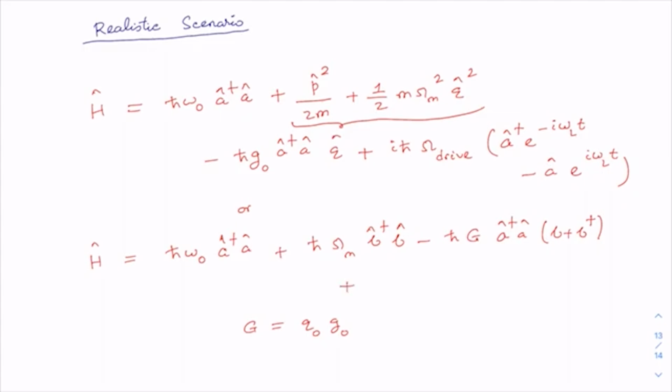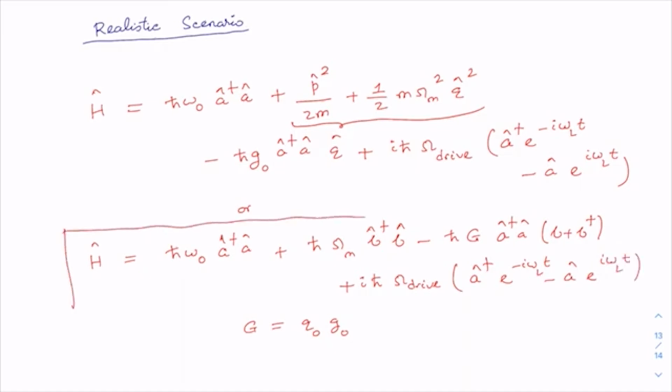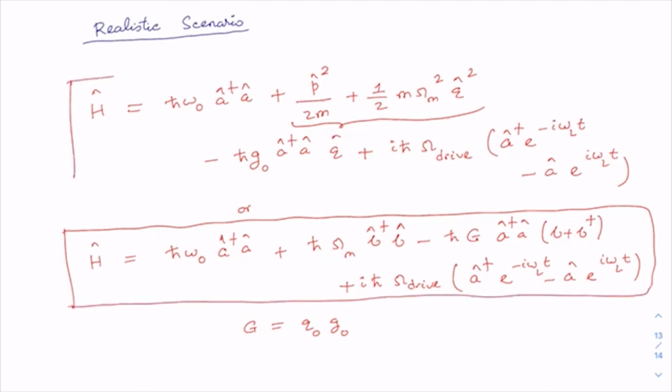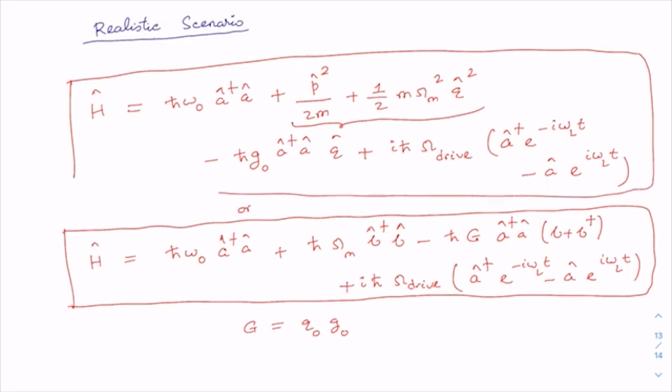And of course we have this term also: plus i h cross omega drive (a dagger e to the power minus i omega L t minus a e to the power i omega L t). So these are the two forms of Hamiltonian that we are now going to consider. Let us say this is equation 1 and this is equation number 2.